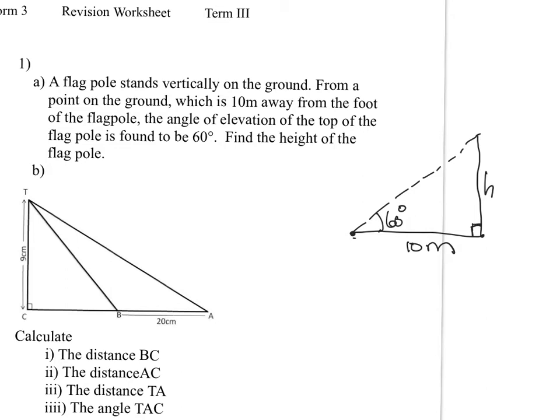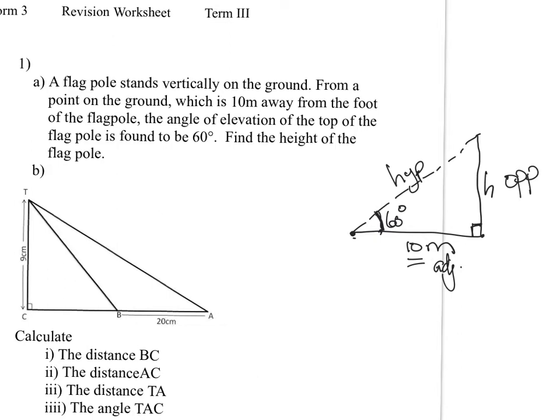This is a right angle triangle, so we can use trigonometry. The 10 meters is adjacent to the 60 degree angle, the hypotenuse is opposite the 90 degrees, and the height is opposite.